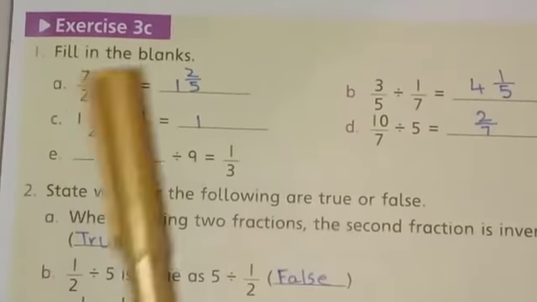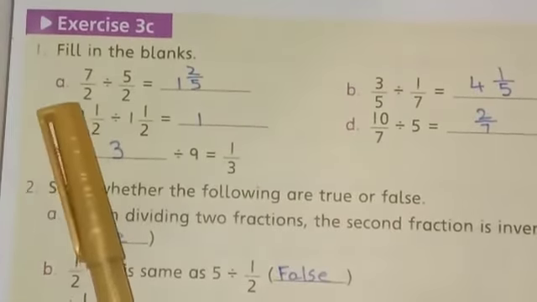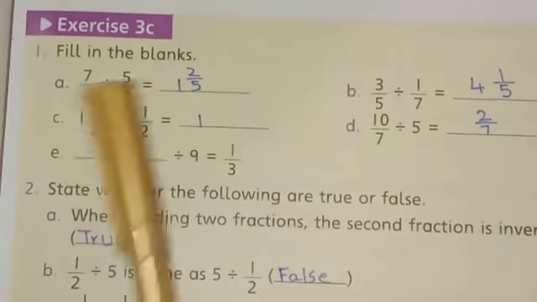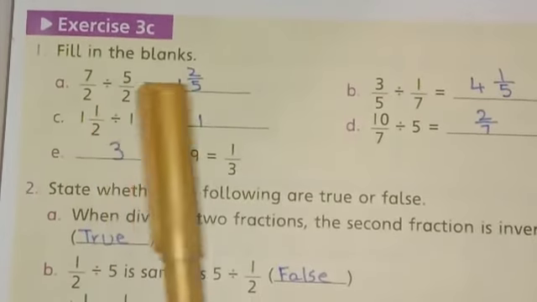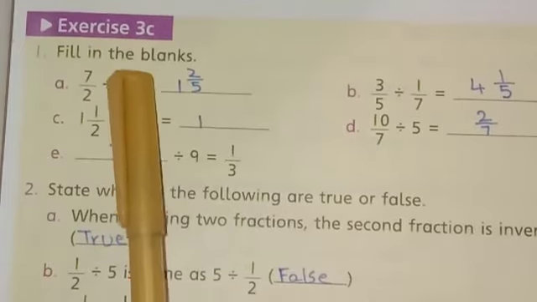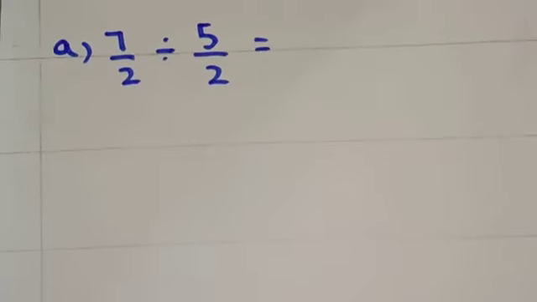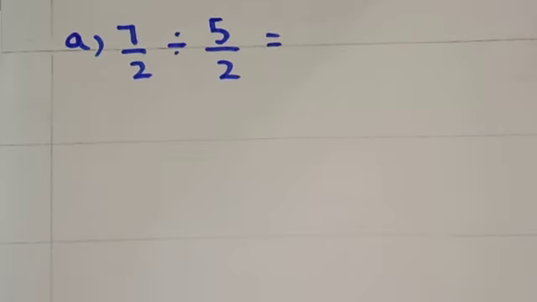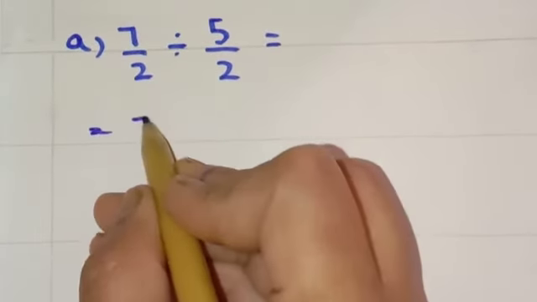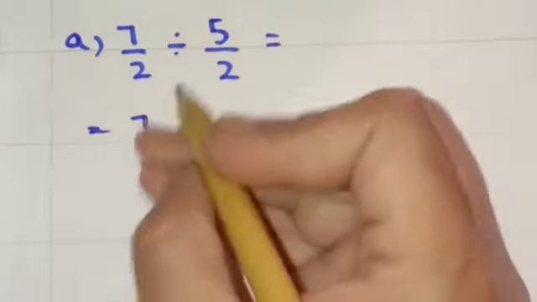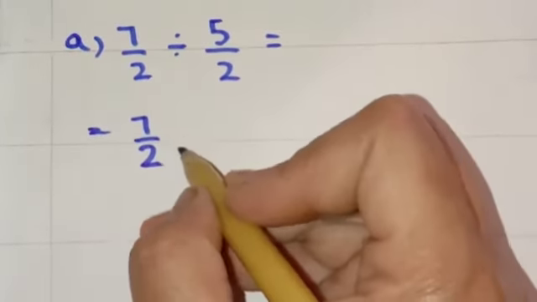Question number 1, A part is fill in the blanks. A part: 7 over 2 divided by 5 over 2 is equal to dash. Okay, through reciprocal we will solve it as 7 over 2 divided by 5 over 2. I have told you that we have to take reciprocal. The first term remains the same.